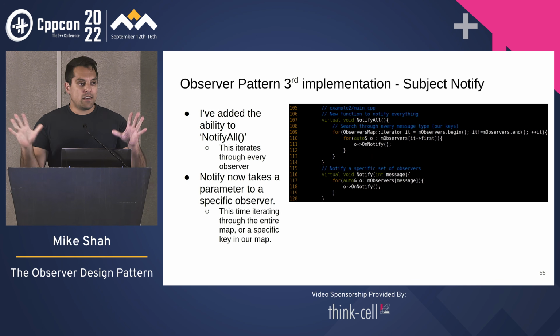It just sends out, hey, something interesting happened, so all of my observers call their onNotify member function, however they implement it. So just for everybody. And then, of course, you can have notify, this time taking in a specific type of message, and then just notify those observers that are part of a specific system, sound system, physics system, log system, or whatever it might be.